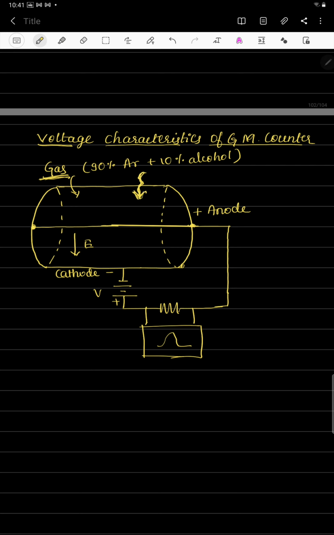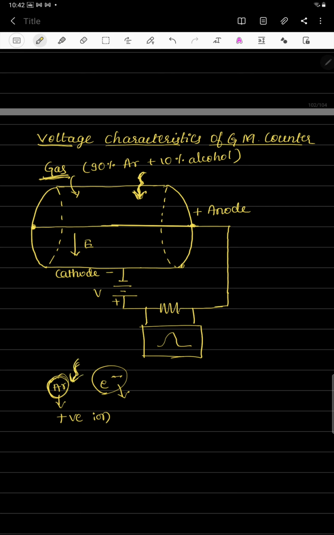This highly energetic particle ionizes the gas, argon or any noble gas. As it collides with the noble gas, the outermost electrons are knocked out. As a result, the noble gas becomes a positive ion and an electron is generated. This electron, generated because of the entering particle, is called the primary electron.